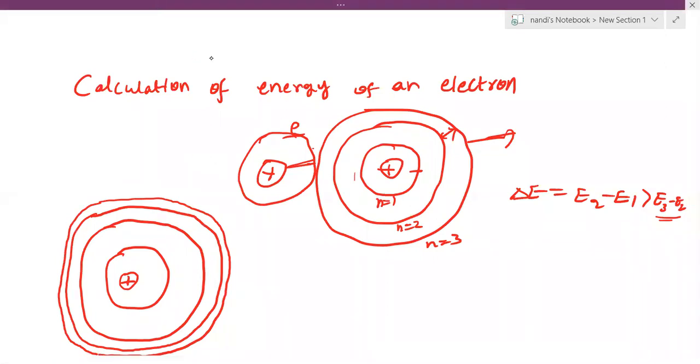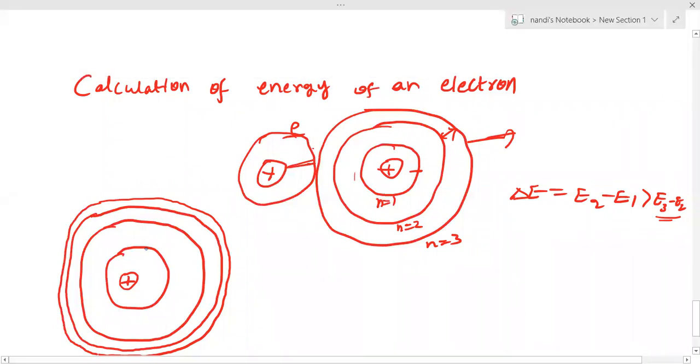My point is that the shell 1 to 2 difference is more, 2 to 3 difference is less, 3 to 4 difference is still less. You're getting my point? So delta E1, this is more, then delta E2 and delta E3.